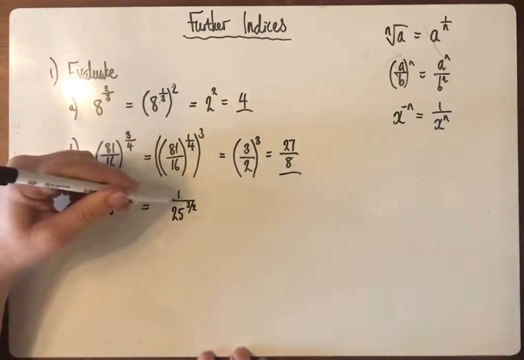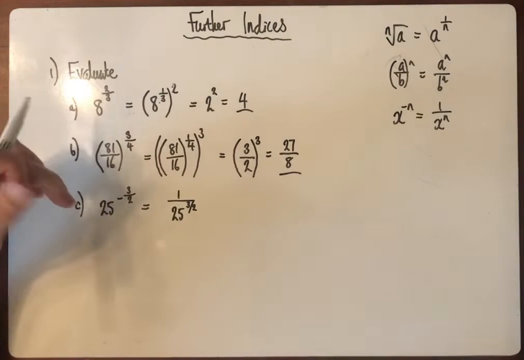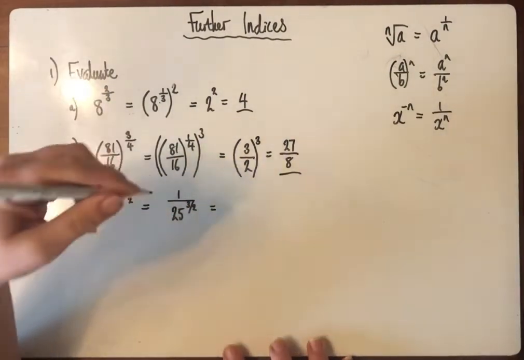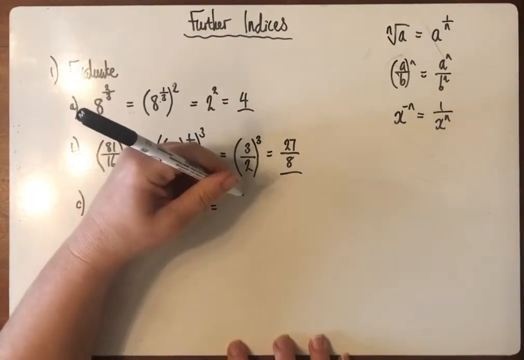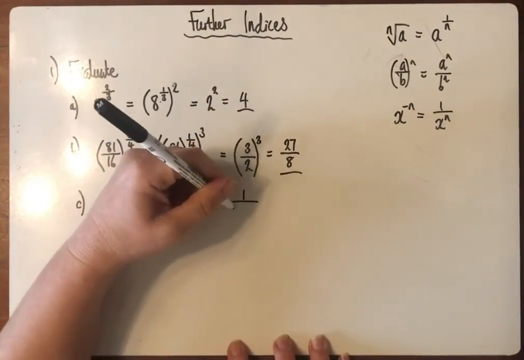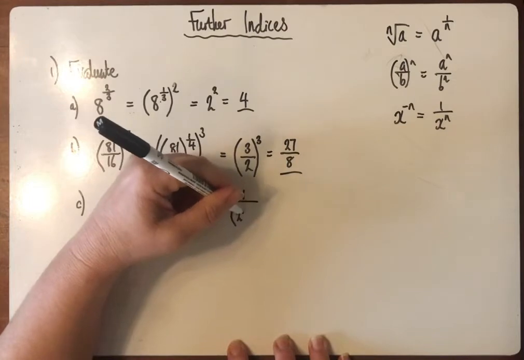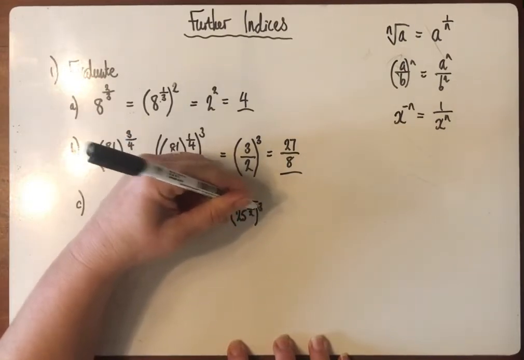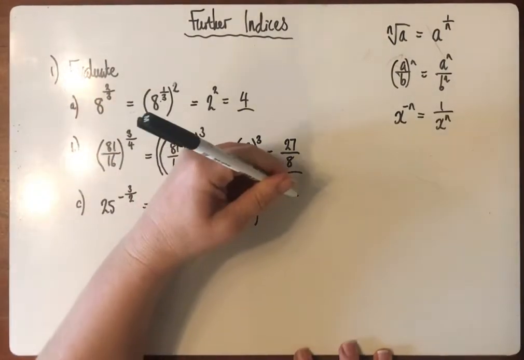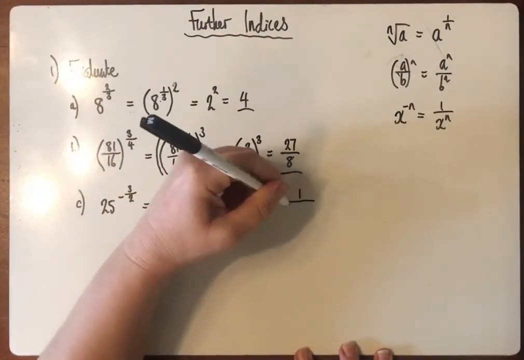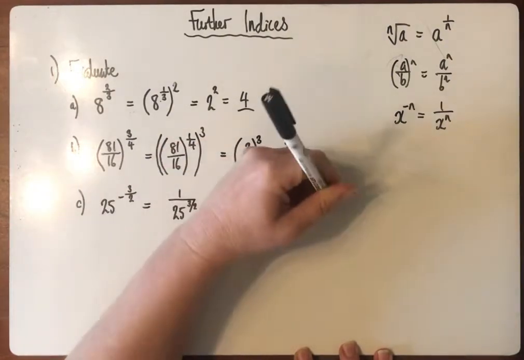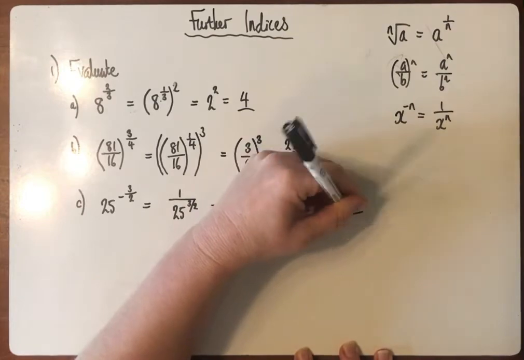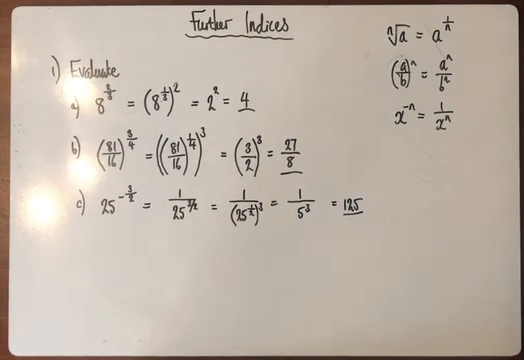So that negative is just making it 1 over what you've got without the negative. And then 25 to the power of 3 over 2 will be the square root of 25 cubed, and the square root of 25 is 5, and 5 cubed is equal to 125.